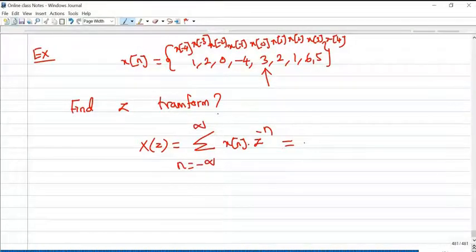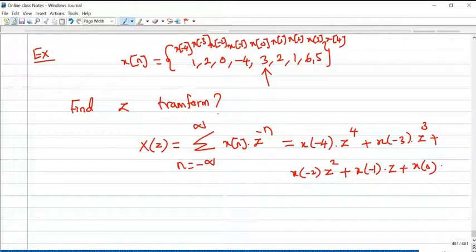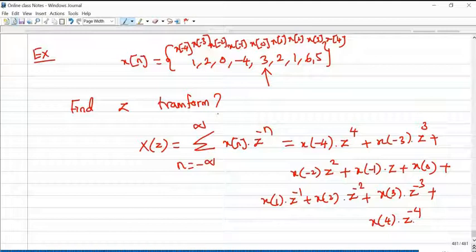Try to expand this equation. x of minus 4 z power minus n, meaning minus into minus, plus 4, plus x of minus 3 z cube plus x of minus 2 z square plus x of minus 1 z, x of 0 z power 0, x of 1 z power minus 1, x of 2 z power minus 2, x of 3 z power minus 3, x of 4 z power minus 4, and substitute the values for x of 0, 1, 2, 3, 4 up to x of 4.